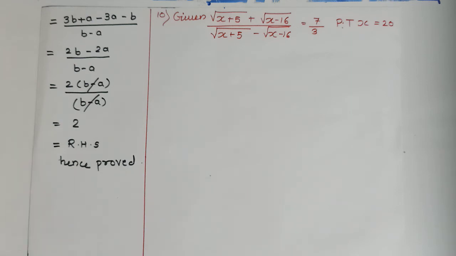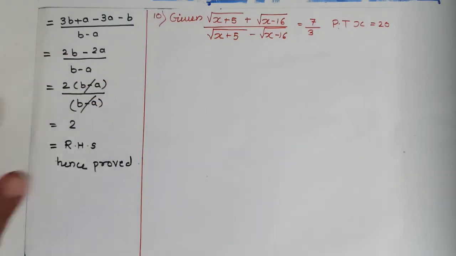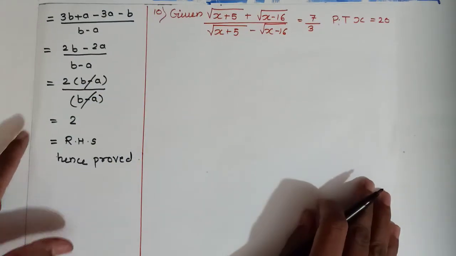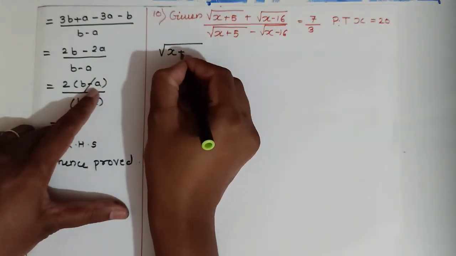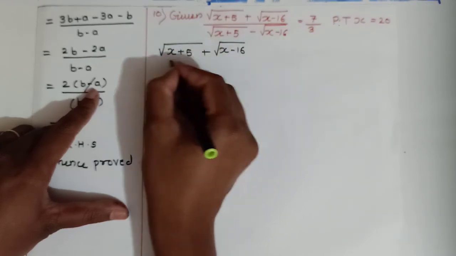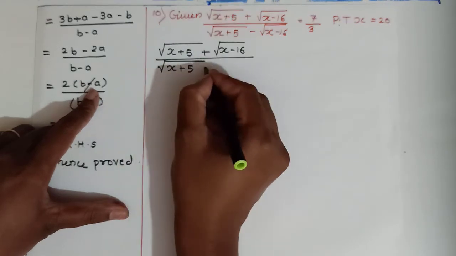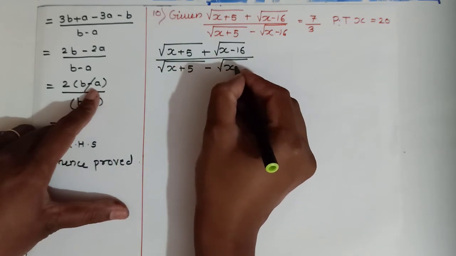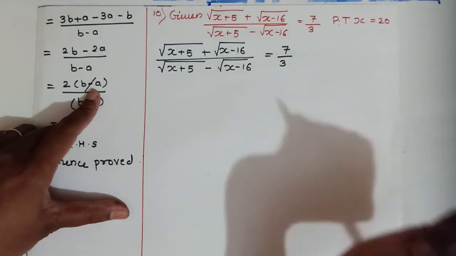Since the top is plus and the denominator is minus, use your property. Very first, you take your given part: under root x plus 5 plus under root x minus 16 divided by under root x plus 5 minus under root x minus 16 equals to 7 upon 3.